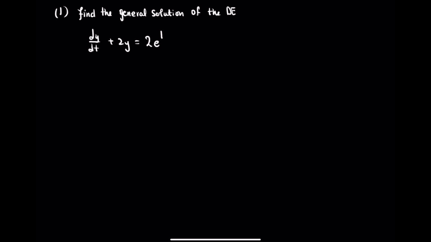Find the general solution of the differential equation dy/dt + 2y = 2e^(t/3).